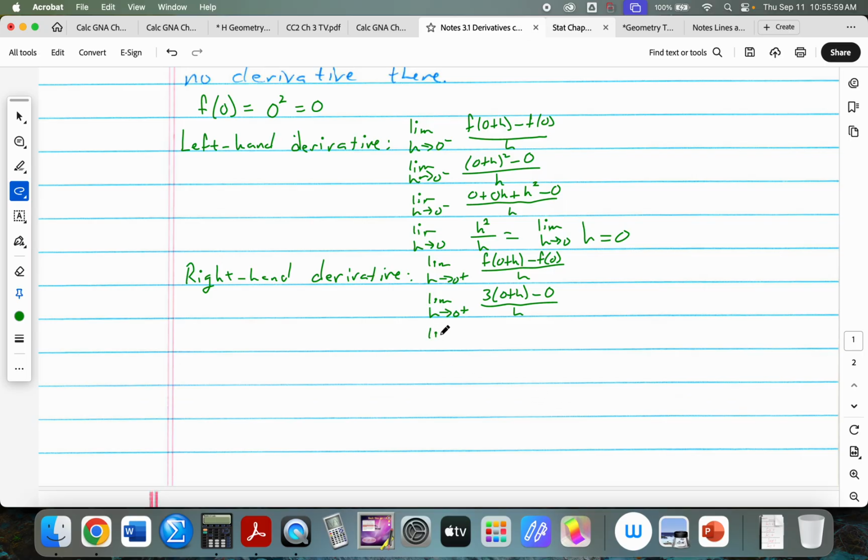So this would be the limit as h goes to 0 from the right of 3h over h, which would be, again, dividing, the limit as h goes to 0 of 3.